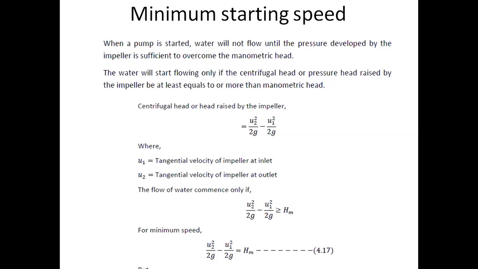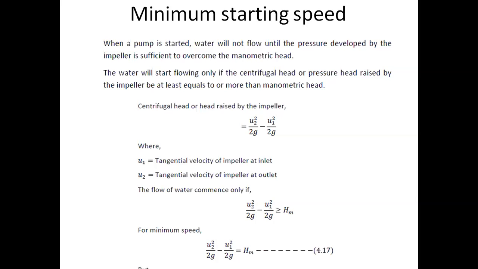So the head rise by the impeller equals U2 square upon 2g minus U1 square upon 2g. Here U1 is the tangential velocity of the impeller at inlet and U2 is the tangential velocity of the impeller at outlet.